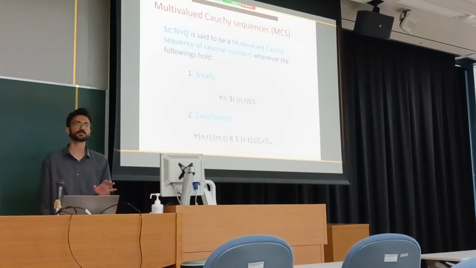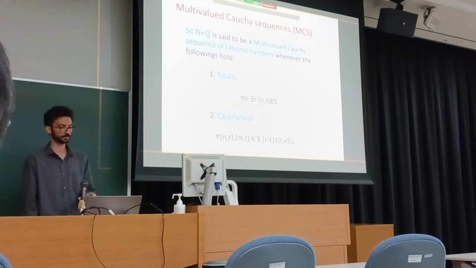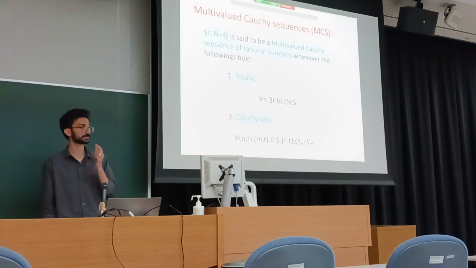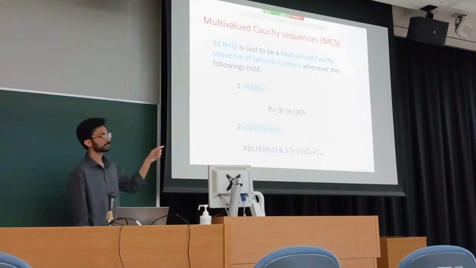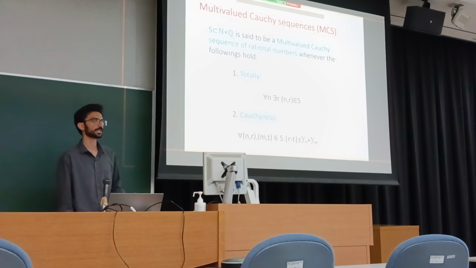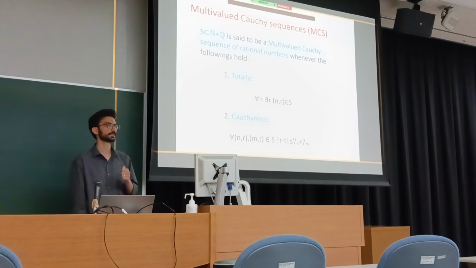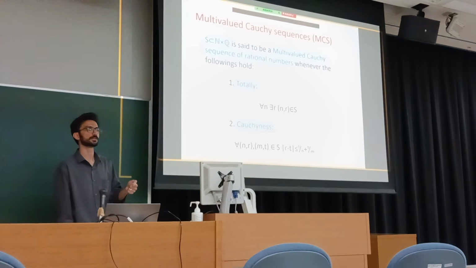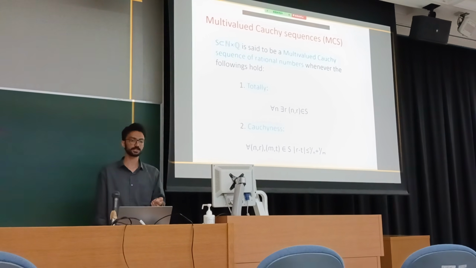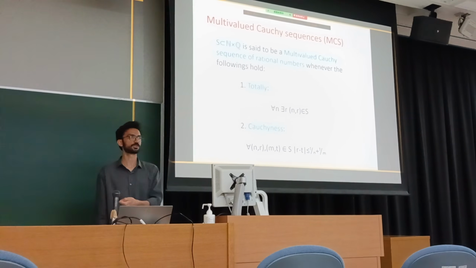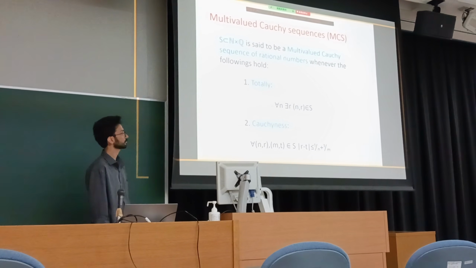Totality says that for every natural number n, there exists a rational number r such that the pair n and r is in S. And that r is not necessarily unique. You can assign more than one r to one n. You can also assign infinitely many r's to one n. This is the difference between a multivalued sequence of rational numbers and an ordinary sequence of rational numbers.